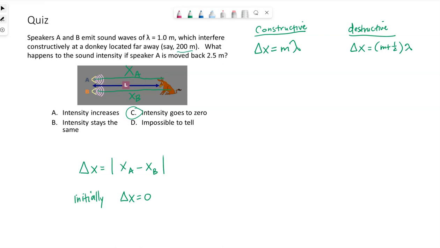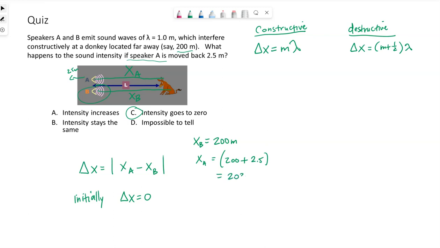So now we move speaker A back 2.5 meters. The distance from speaker B is still 200 meters to the donkey. The distance from speaker A to the donkey is this 200 plus the 2.5. Sorry, getting a bit of a lag.